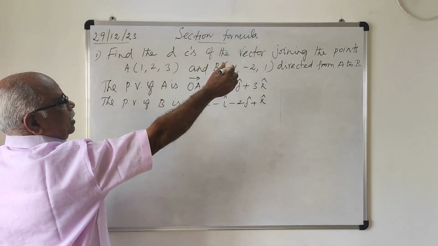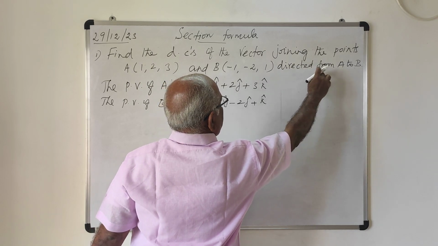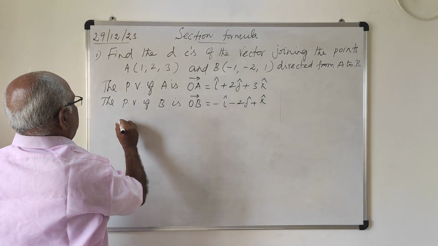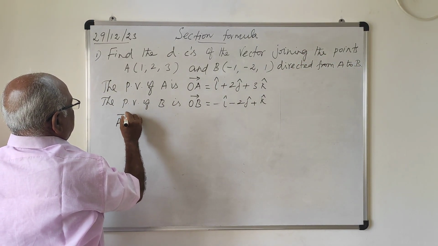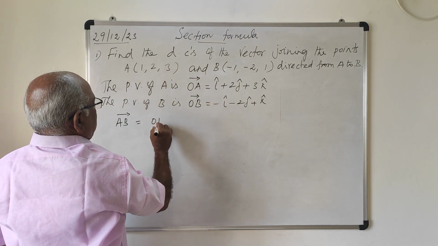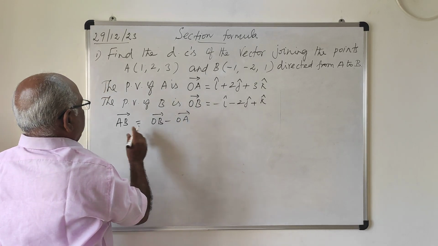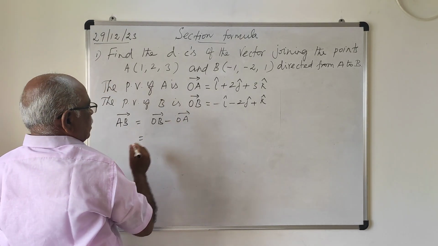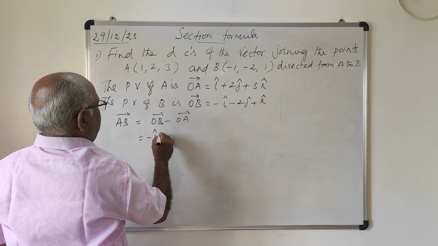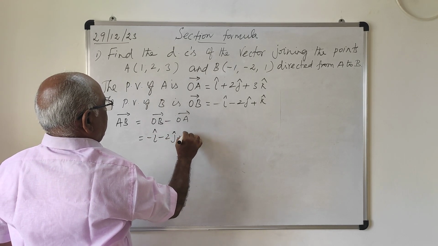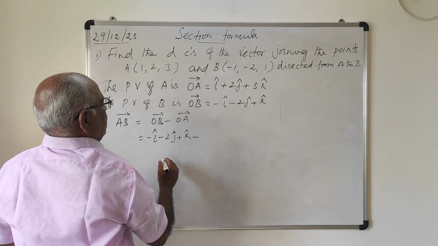We have to find the line segment directed from A to B, that is AB. The vector AB is the position vector of B minus the position vector of A, that is OB minus OA. OB is minus i minus 2j plus k, minus OA.